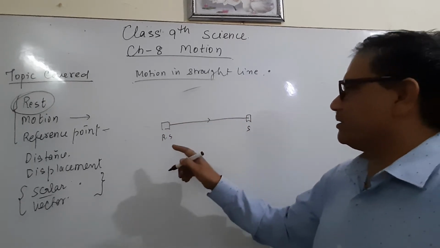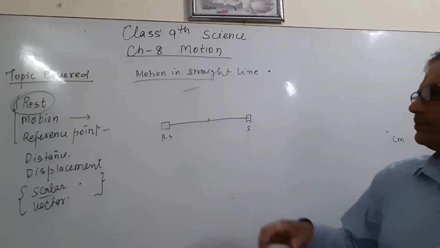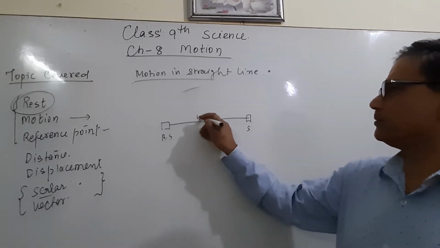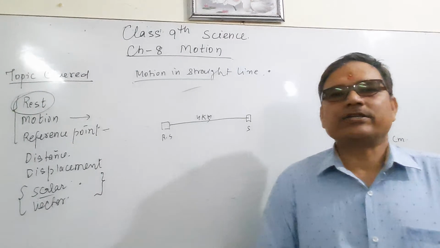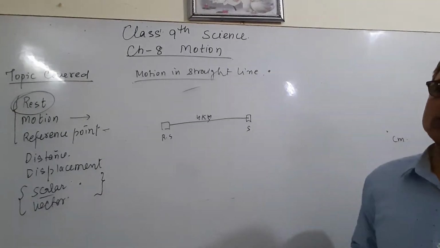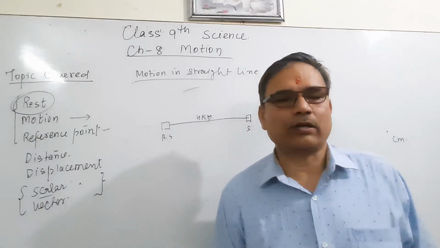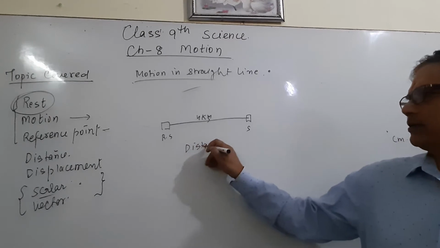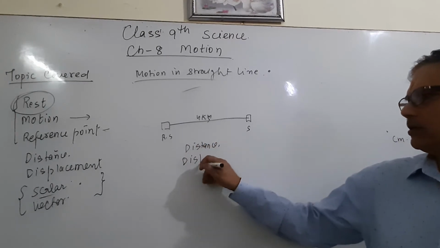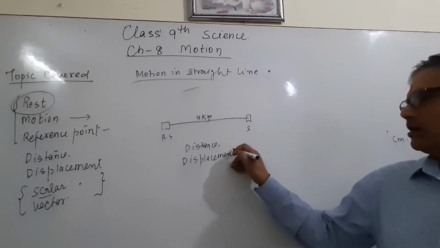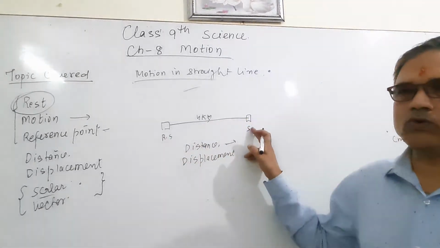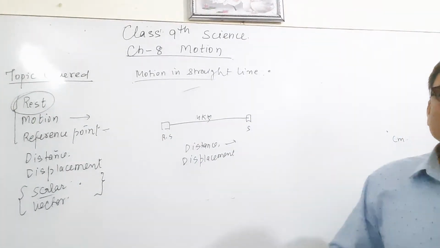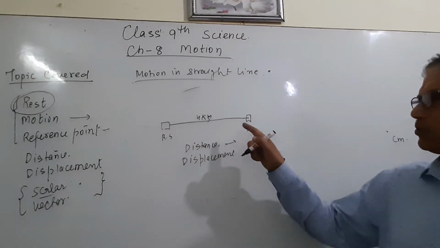If the distance between the railway station and school is 4 kilometers, and I start from the railway station, reach the school, and come back again to the railway station, then what is the distance and displacement?